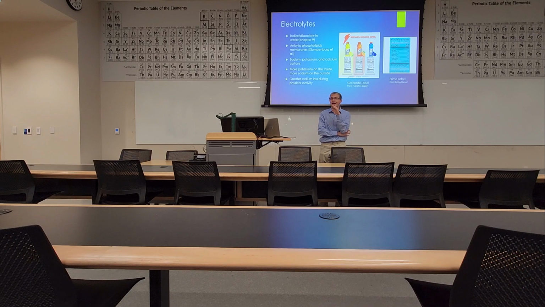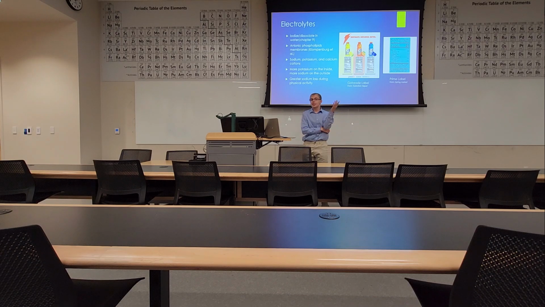All of them are anionic, which means that they carry a negative charge, which results in the inside of cells having a negative charge. Additionally, sodium, potassium, and calcium cations, or positive ions, are important parts of this process.